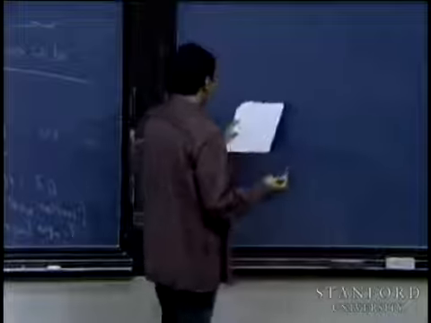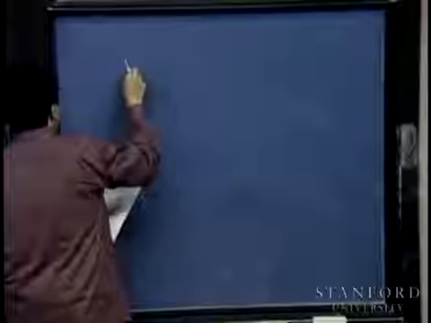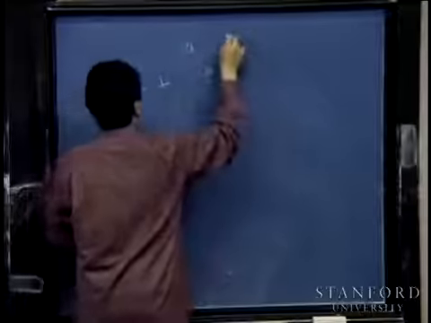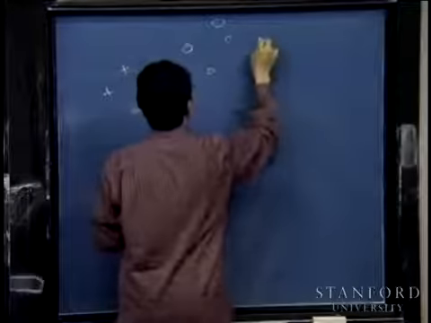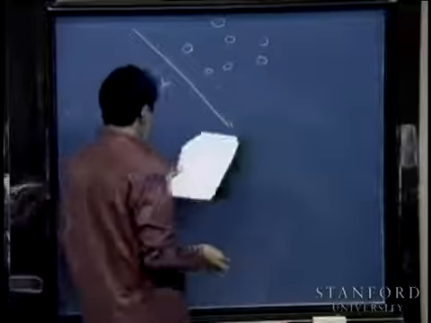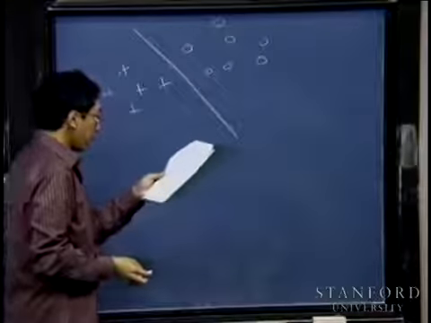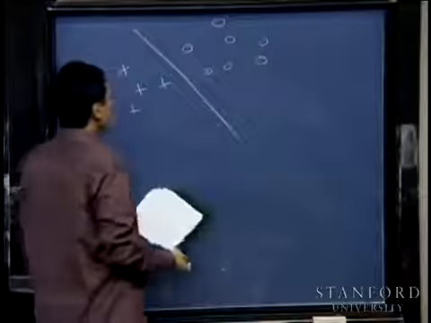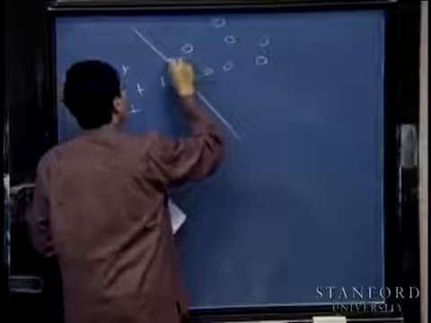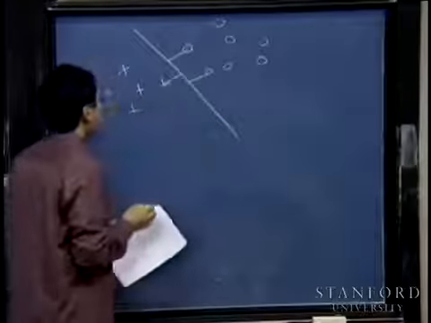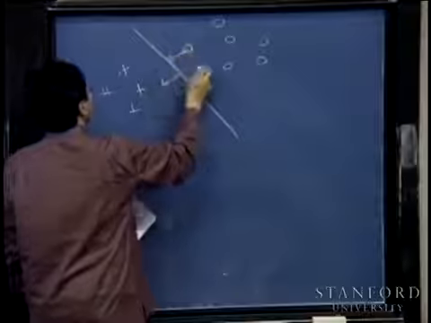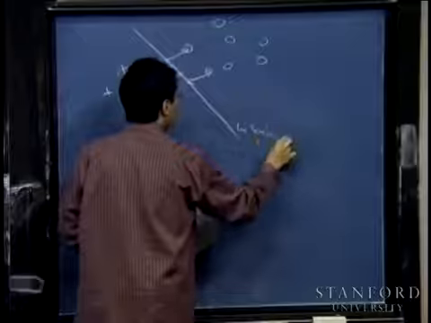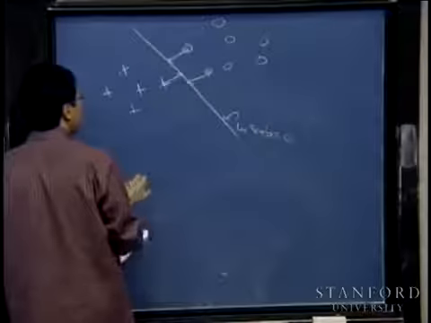So in pictures, what that means is that I have some training set, and there's some separating hyperplane. The examples with functional margin equal to 1 will be exactly those which are closest to my separating hyperplane, whose equation is w transpose x plus b equals 0.